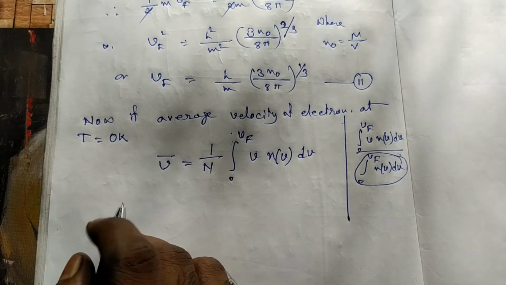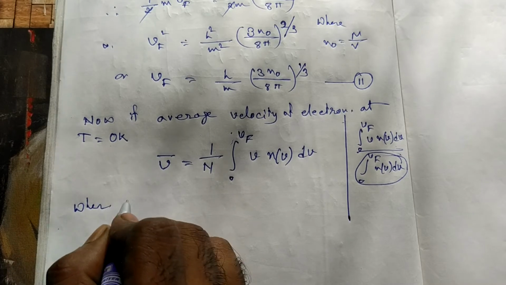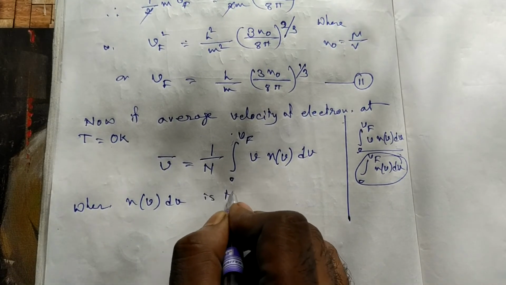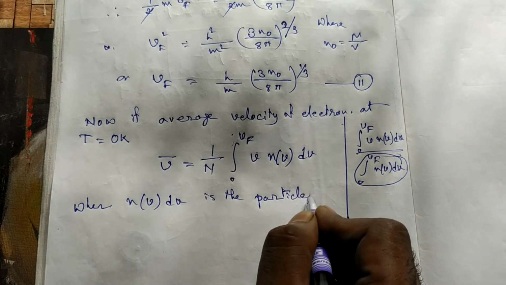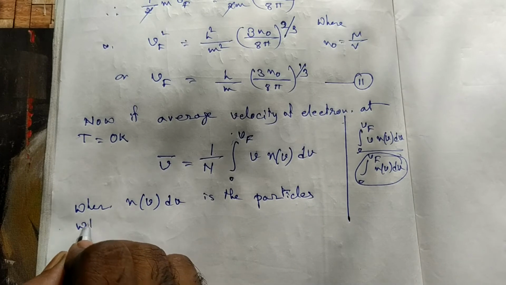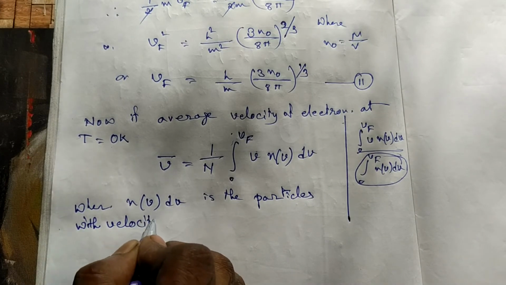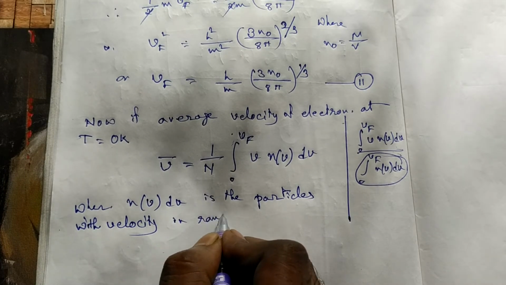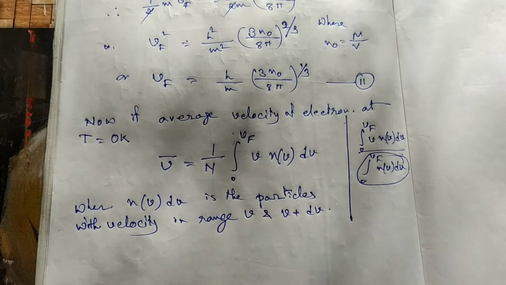Here n(V) dV is the number of particles with velocity in the range V and V plus dV.